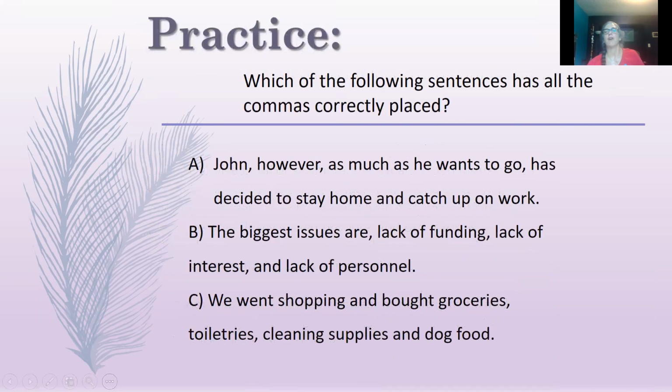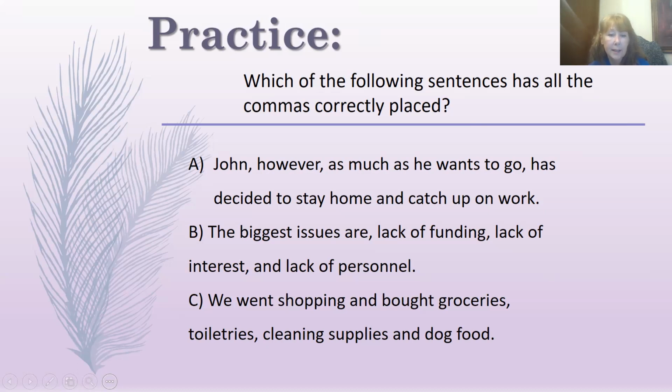All right, which of the following sentences has all the commas correctly placed? Okay. John, however, as much as he wants to go, has decided to stay home and catch up on work. As much as he wants to go, John, however. I think that's correct. Okay.